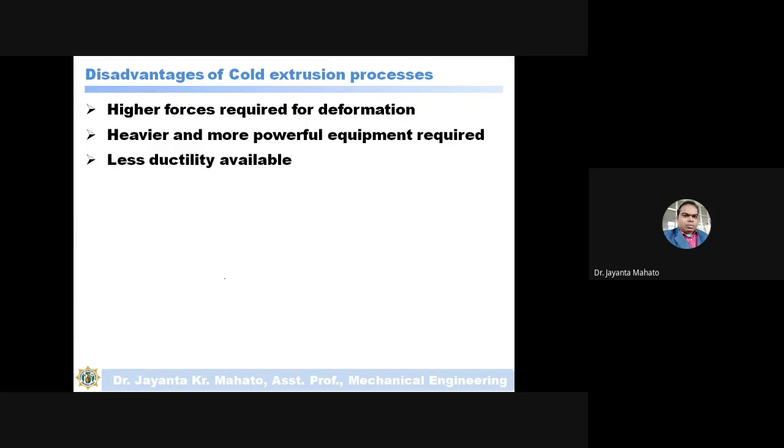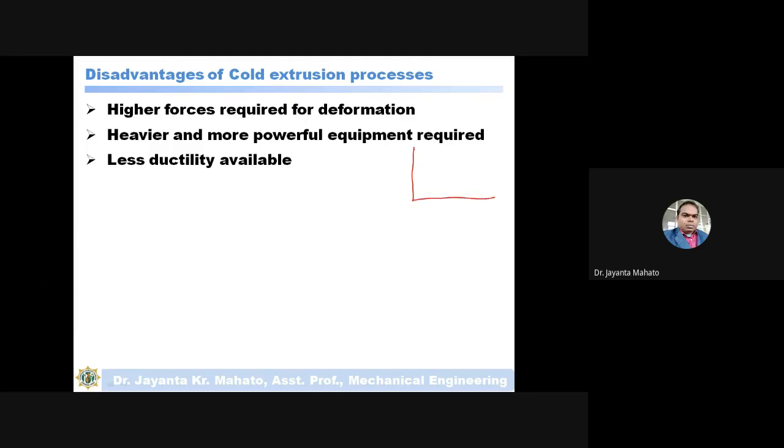Less ductility means the ductility of the extruded part is less, because as the process goes, the material gets work hardened. So what happened? The ductility of the material gets reduced. Okay.